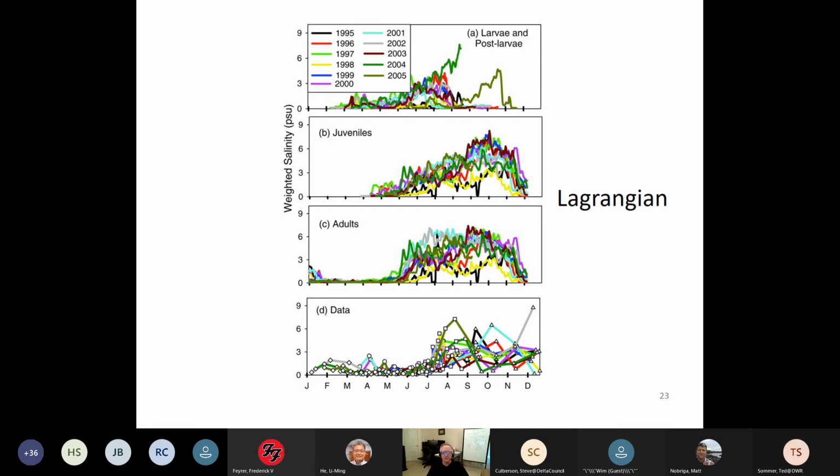So we can calculate the weighted salinity of the individuals by year. And then at the bottom is the field data done that way over the 4 surveys. And we're looking, did we have them seeing the salinities that the field data suggested they should see by year? And you can stare at this for a while.